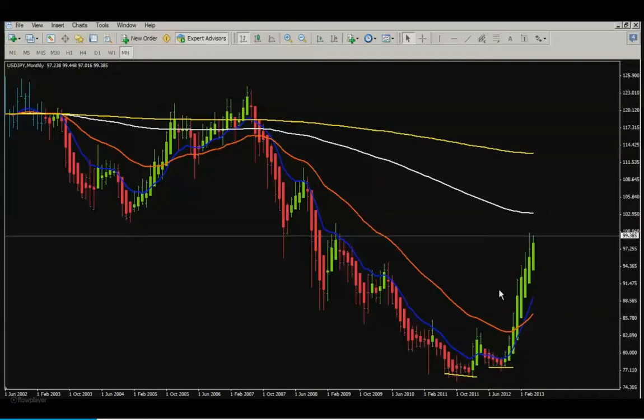The price crossed the 36, and on higher time frames you don't even need to draw trend lines, you just see it. Each candle here is 1 month, sorry, it's a monthly chart, not a weekly. So each candle is 1 month, and for 6 months this pair is moving up.